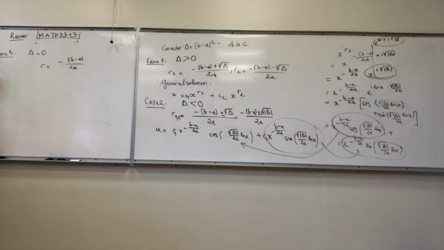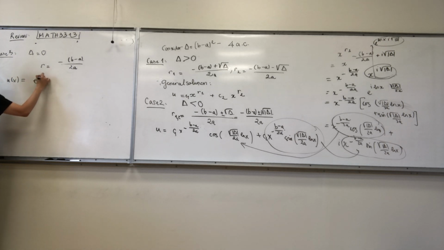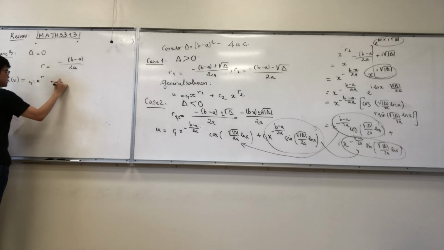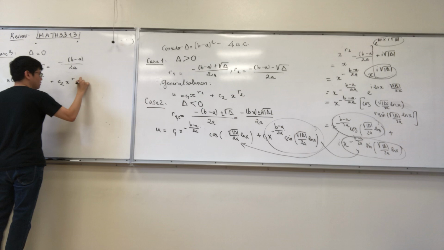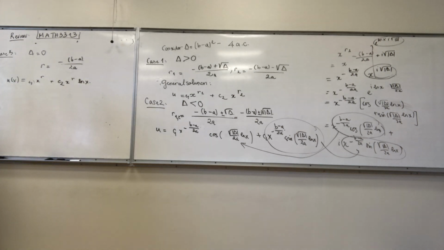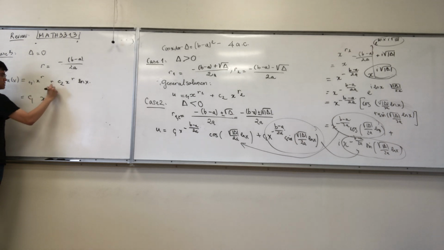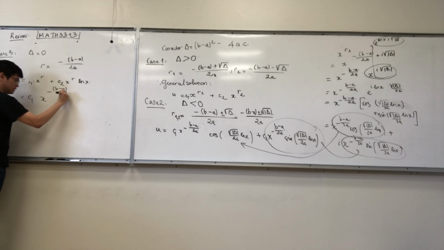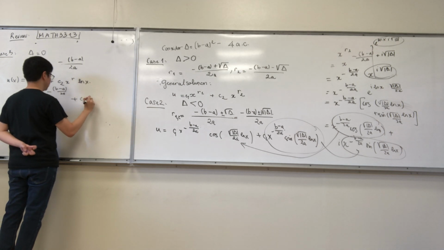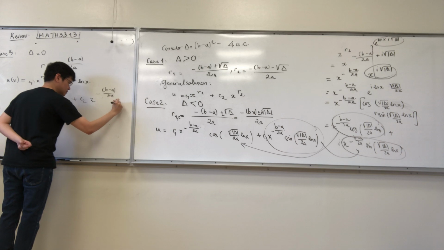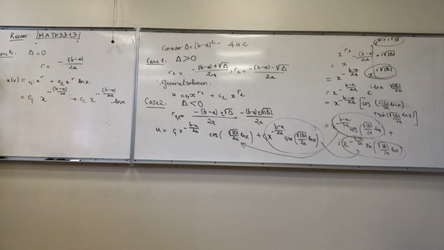This is the double root. So the general solution u(x) will be c1 x to the r plus c2 x to the r log x. So this gives you C1 x to the power of minus b minus a over 2a plus C2 x to the power of minus b minus a over 2a times log x.